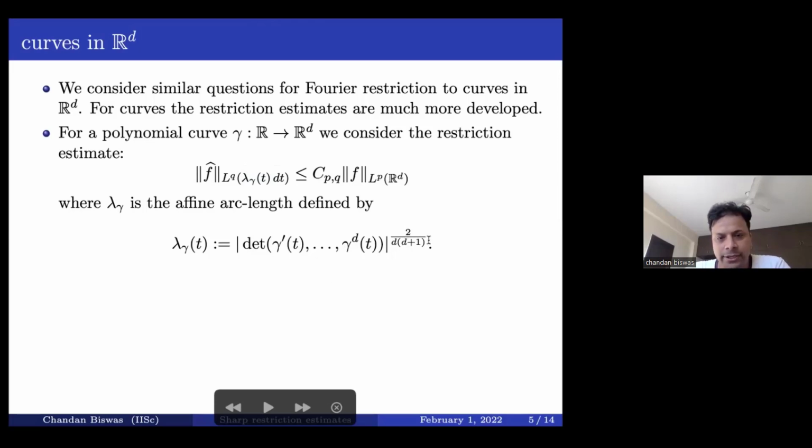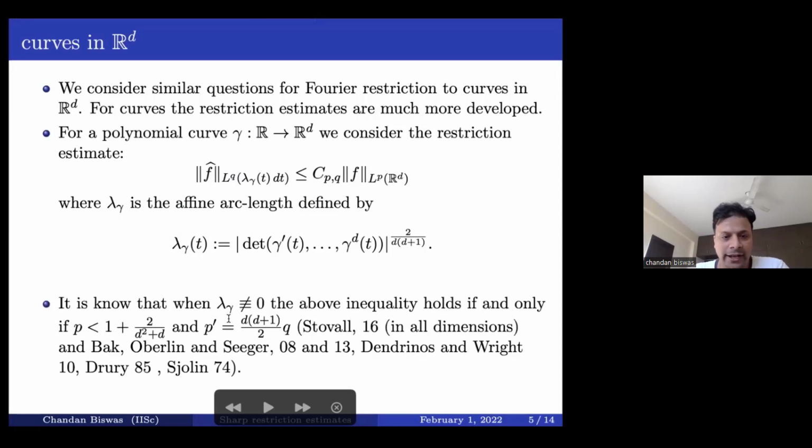Why this particular measure? It turns out that if you have any estimate of this form with respect to any other measure mu, then the Radon-Nikodym derivative is bounded above by this affine arclength measure. So in a sense, this is the largest measure for which one can expect a non-trivial L^p to L^q bound like this one. When lambda gamma is identically 0, then obviously this is true for any p and q.